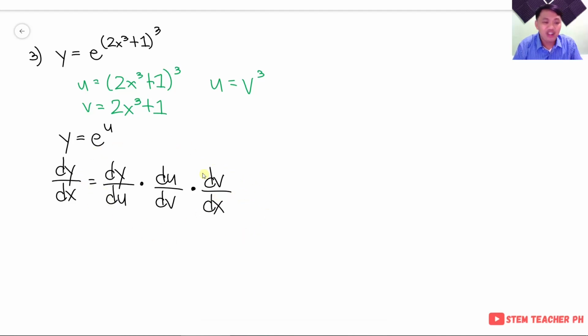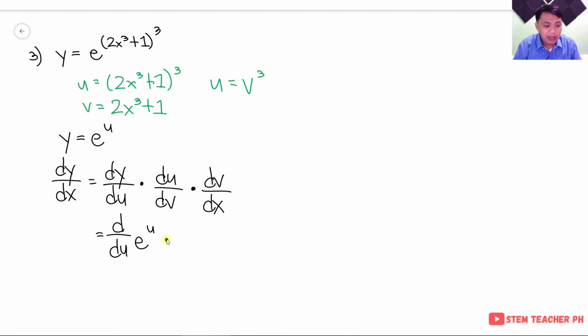Ngayon, naging 3 na yung terms natin. This is by applying chain rule of differentiation ng 2 beses. Medyo matrabaho lang siyang iset up, pero kapag natapos na natin siya, we can just focus on getting the derivative. Kasi this is equal to, kuhanin natin one at a time, derivative with respect to u, nung y, our y is equal to e raised to u. Madali na yan. Kasi e raised to u lang naman siya.